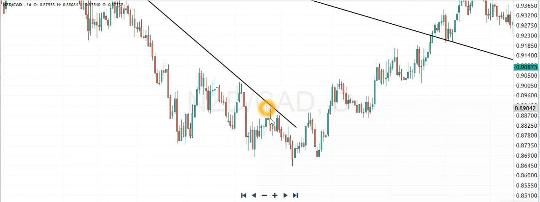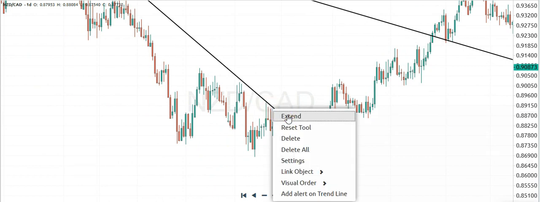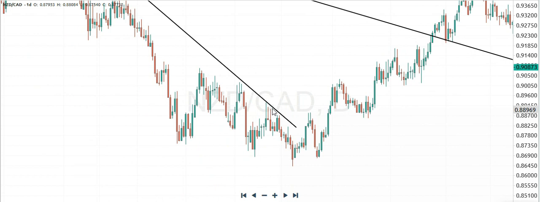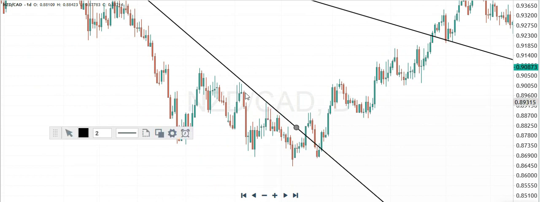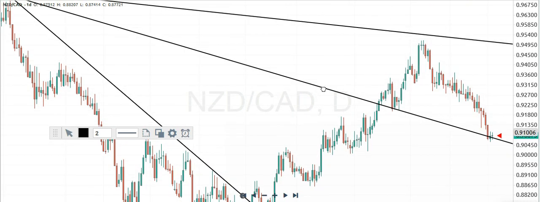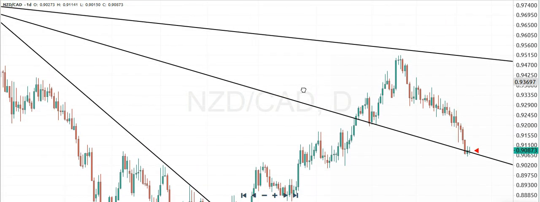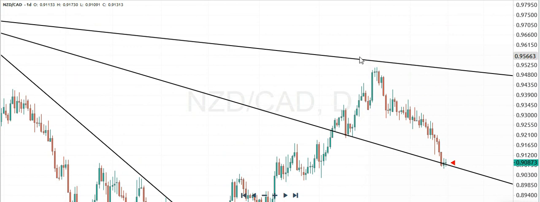So this would have been the candle that it touches before this lowest point, and there you will have your inner trend line, this one here, your outer trend line here, and your long-term trend line here.